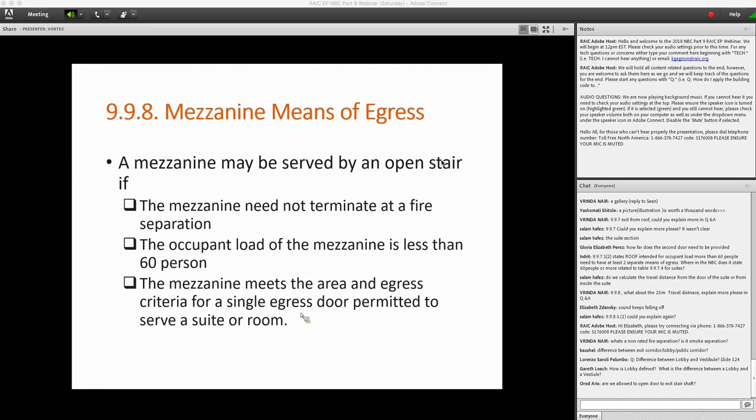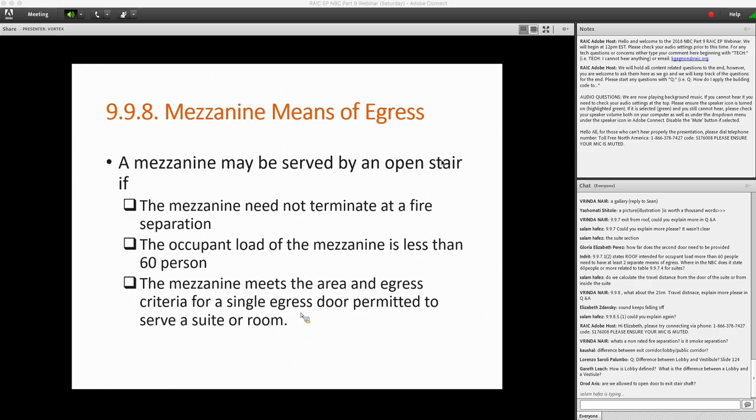This last check will take you back to NBC Table 9974. So you check the occupancy, the area, and the travel distance of the mezzanine, and if it meets the provisions that allow one egress door per Table 9974, then you can have an open stair serving that mezzanine, provided, of course, the two other criteria above are also satisfied.